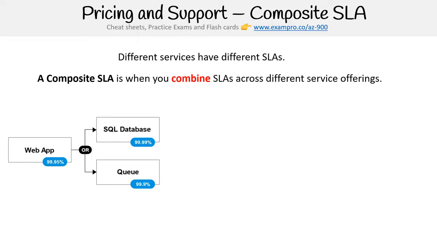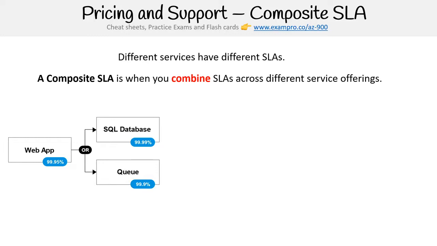Imagine you have a web application, and that web application uses an SQL database. The web app has a guarantee of 99.95%, because maybe that's the performance target for the virtual machine, and then the SQL database is 99.99%. So what is it? Is it 99.95% or is it four nines?